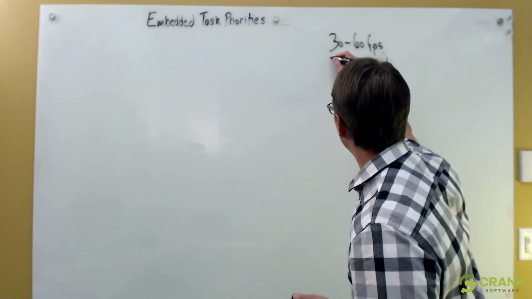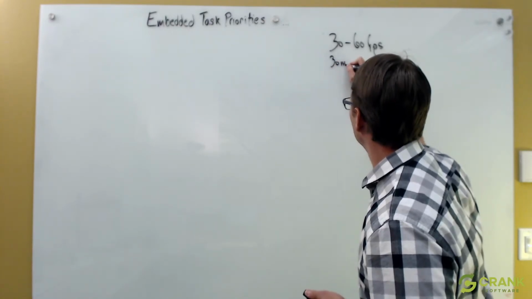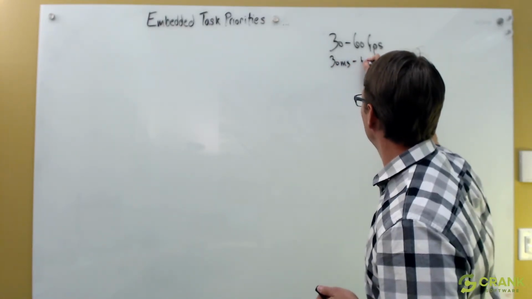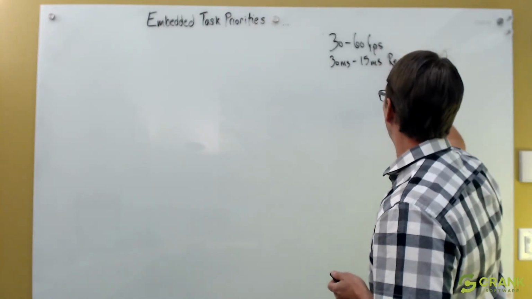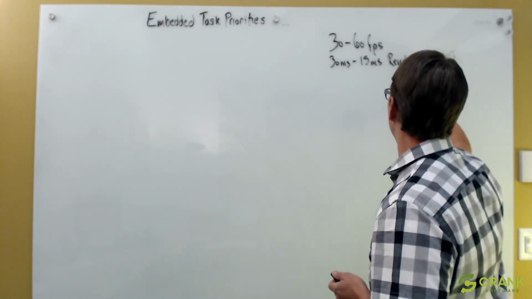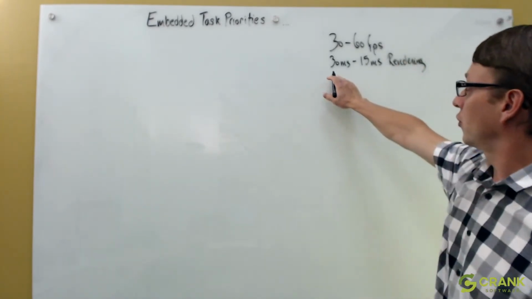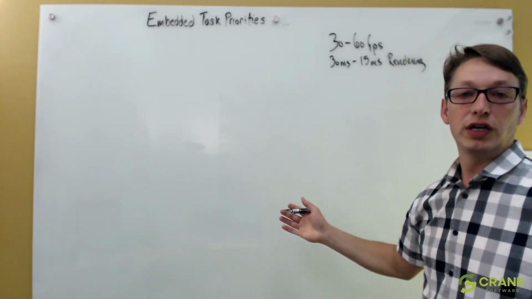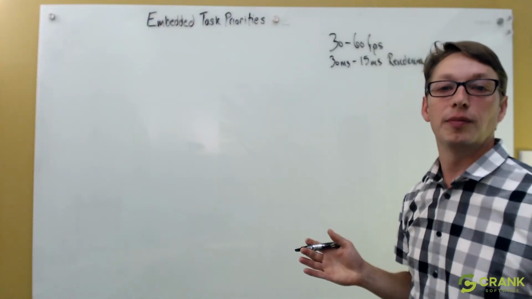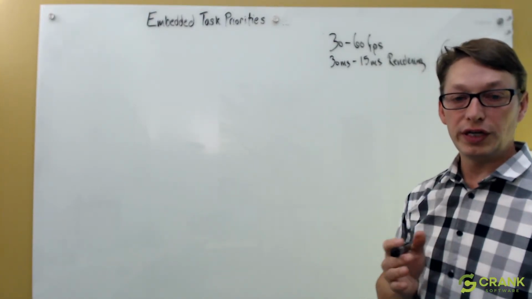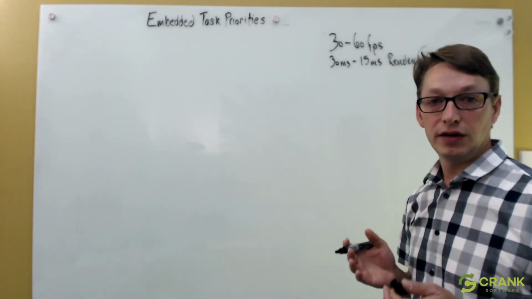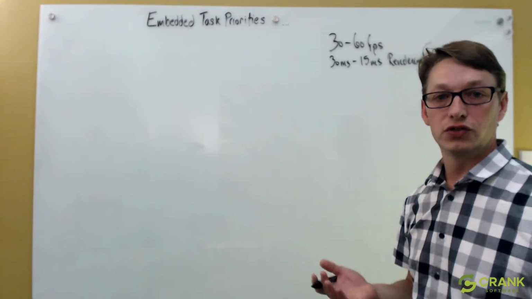So nominally, what that translates to in terms of time is somewhere between 30 and 15 milliseconds when I'm doing my rendering, right? So this is 30 to 15 milliseconds in between my frames. That's the gap time that I'm allowed to have between frames if I would like to have a smooth visual experience.